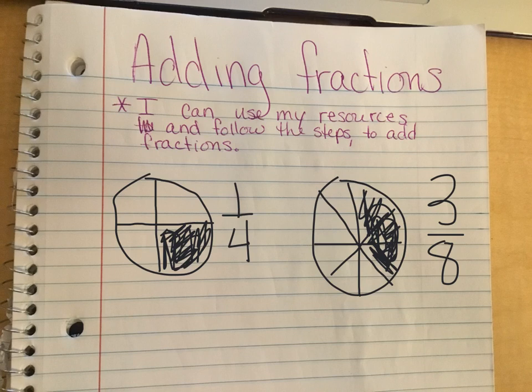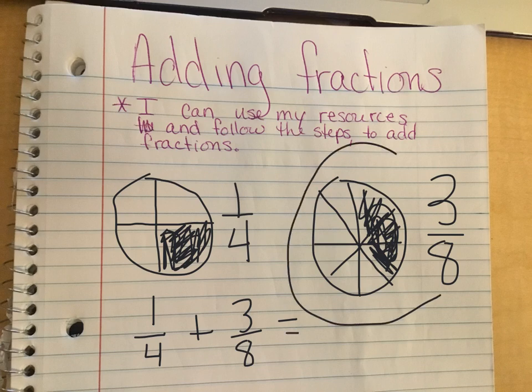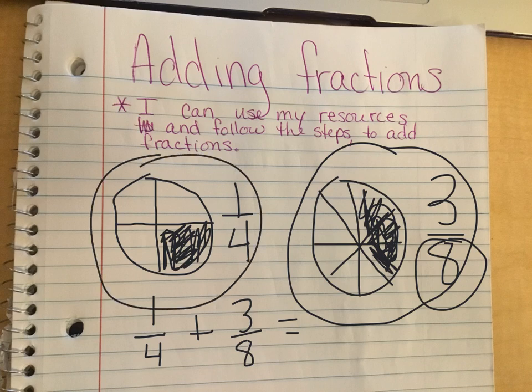We have 1/4 plus 3/8 because it's all together. The problem is this pizza is cut into 8 pieces, but this pizza is cut into 4 pieces. If I say these teachers only ate 1/4, and 4 is smaller, so they ate less, that's not how it works. Remember, the bottom number, the denominator, only tells how many pieces the item is cut into.